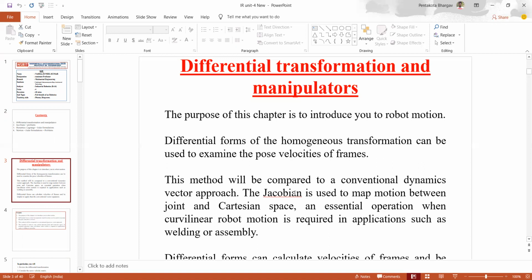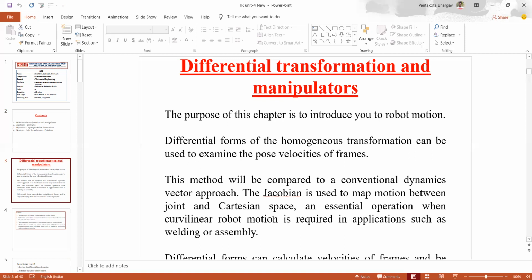The Jacobian used to map motion between the joint and Cartesian space is an essential operation when curvilinear robot motion is also discussed in the previous chapter. Curvilinear motion means you can move in a zigzag position. Okay, here the first one is left, the second one is forward, the next one is downward, and again the inverse direction.